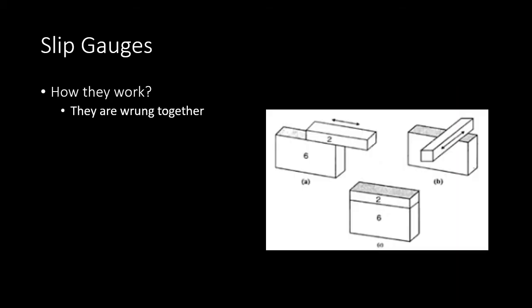On this slide you can see how the slip gauges are wrung together, and this is how the slip gauges work. The process of ringing is shown here in this picture.